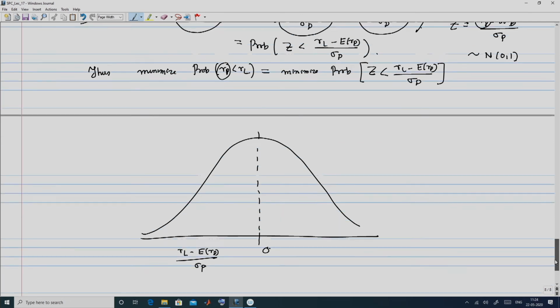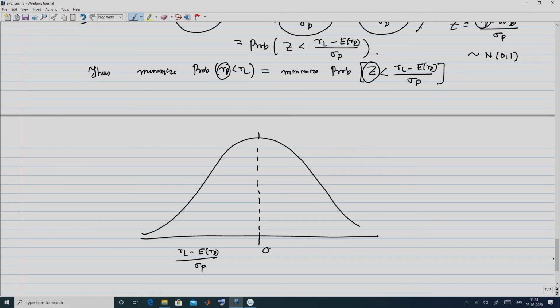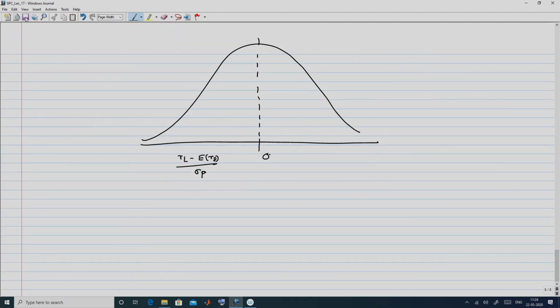Now, here you see, Z follows a standard normal random variate. So, accordingly, the probability that Z is less than (R_L minus E[R_p]) over sigma_p is going to be this area.